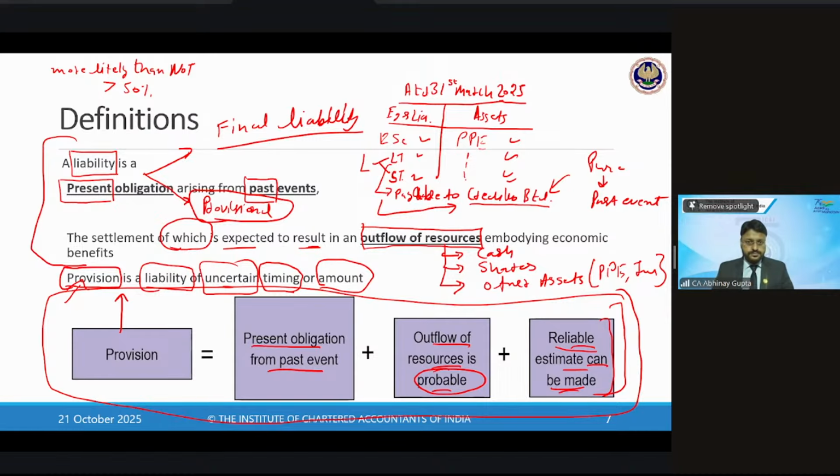Is that clear? So generally the third condition, that a reliable estimate can be made, is treated as a deemed-met condition unless we are ready to challenge it on some grounds. Clear? Anybody wants to ask anything on this?